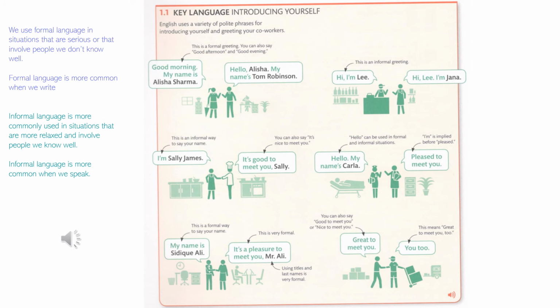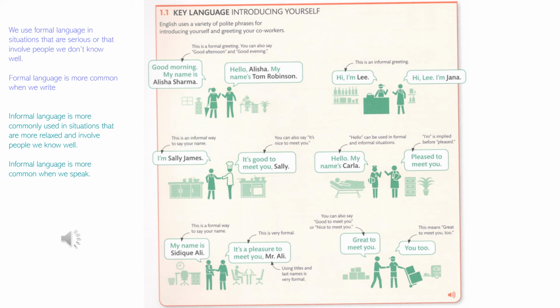So in this slide, we're going to look at introducing yourself. So as you can see, there are some conversations happening. Okay, so in those conversations, you may notice that some tend to be formal and some tend to be informal. So what do we mean by formal and informal language? When we are speaking to somebody that we are not familiar with or we don't know that well, we will have to use formal language. We need to be respectful.